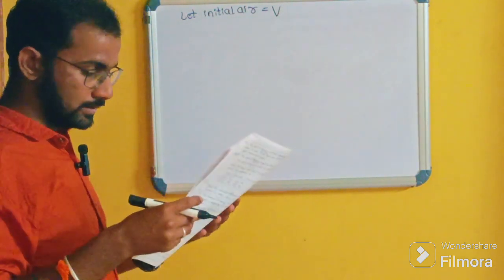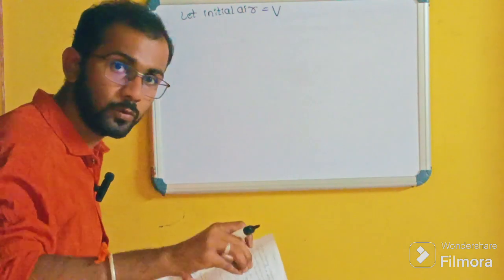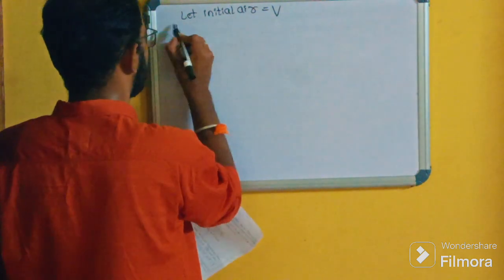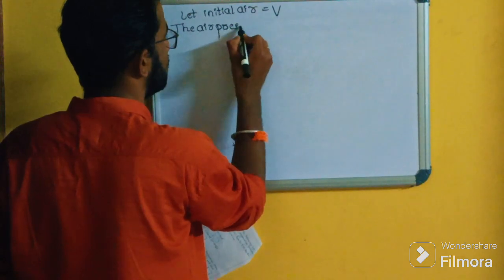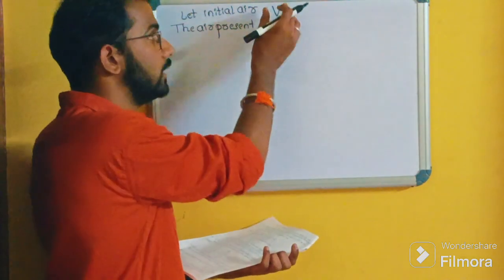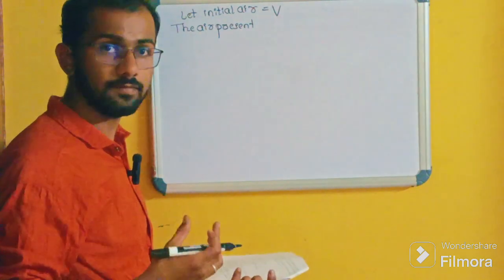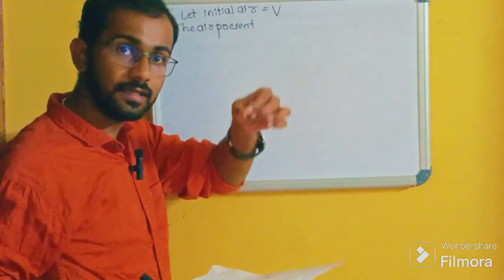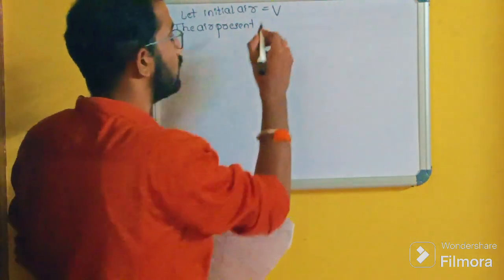Now, if you attach a vacuum pump, it will remove 1/4 of the remaining air. After removing 1/4, the total air is V. Why do we need to subtract from V? From the total air V, we have to remove 1/4.